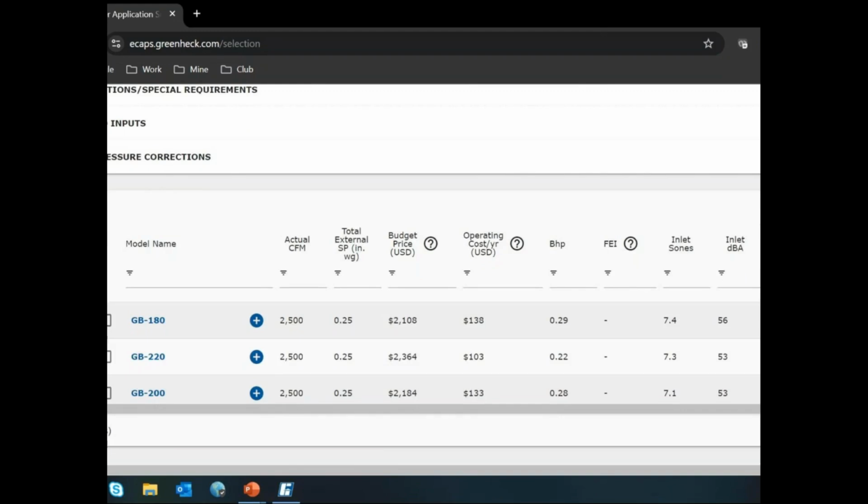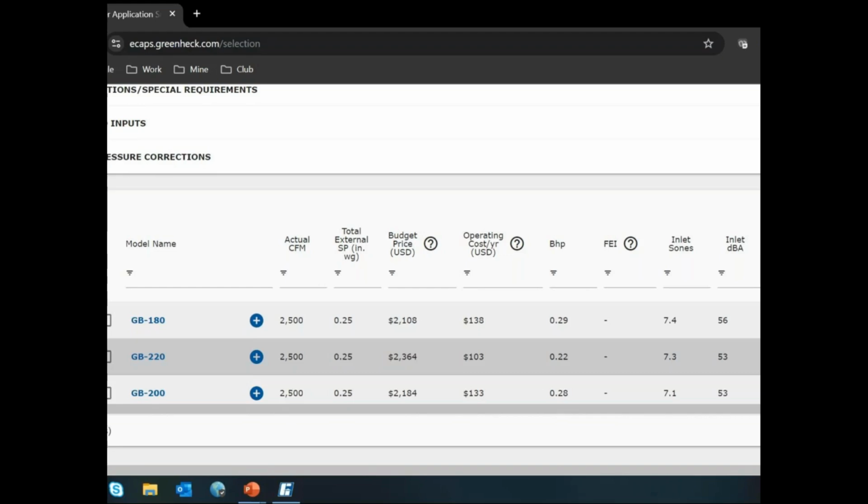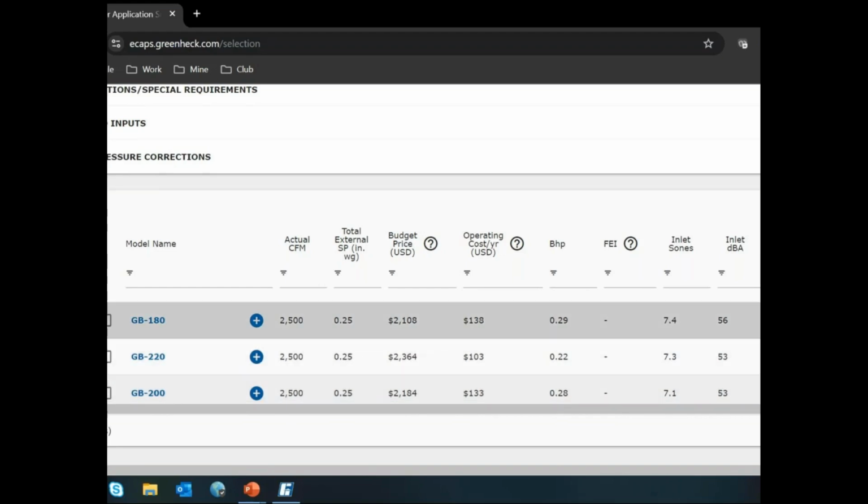eCAPS came back with 149 fans that are rooftop exhaust fans that move 2,500 at a quarter inch, right? So, right off the bat, ranking. When we rank things, you consume as you need.